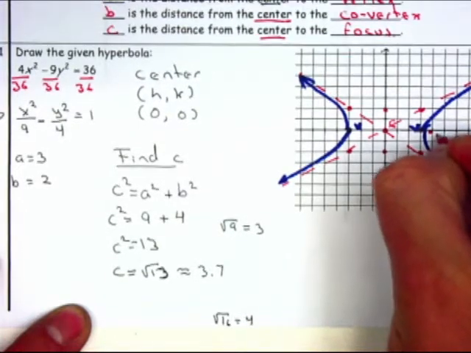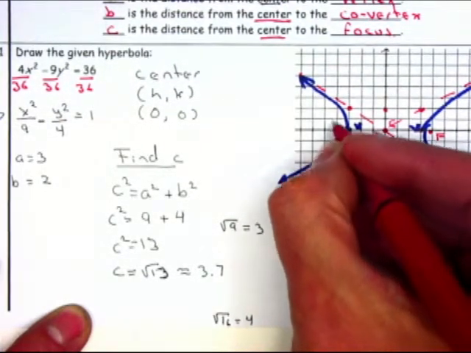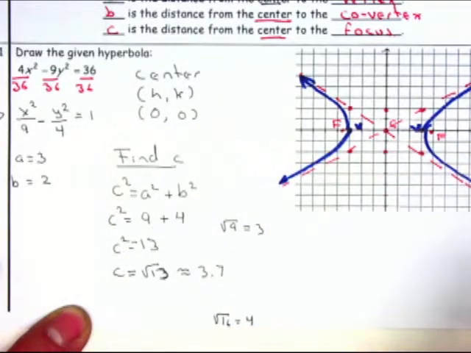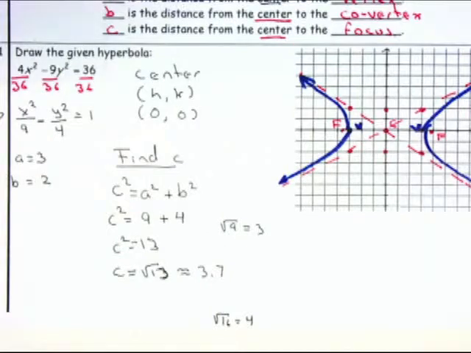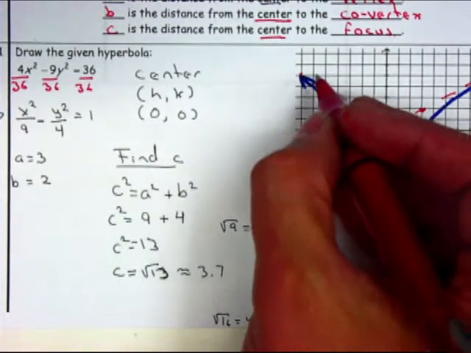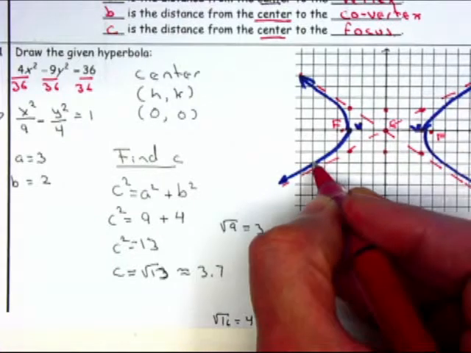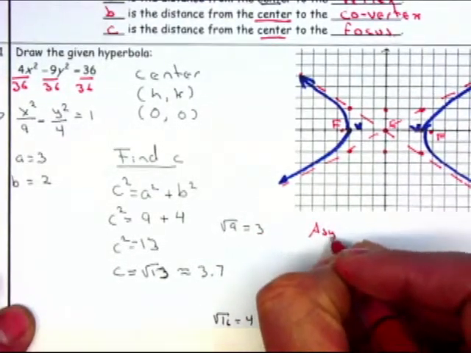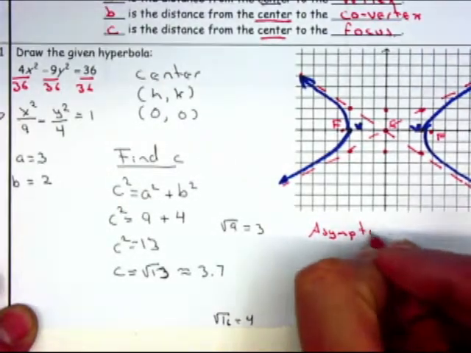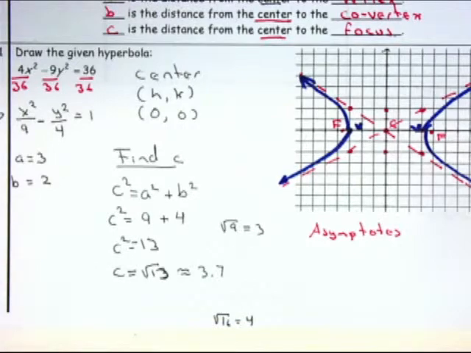Now, one last thing that we need to do is find the equations for the asymptotes. To find the equation of the asymptotes, we are going to go back to the formula that we learned in Algebra 1, which is the point-slope form: y minus y1 is equal to m times x minus x1.